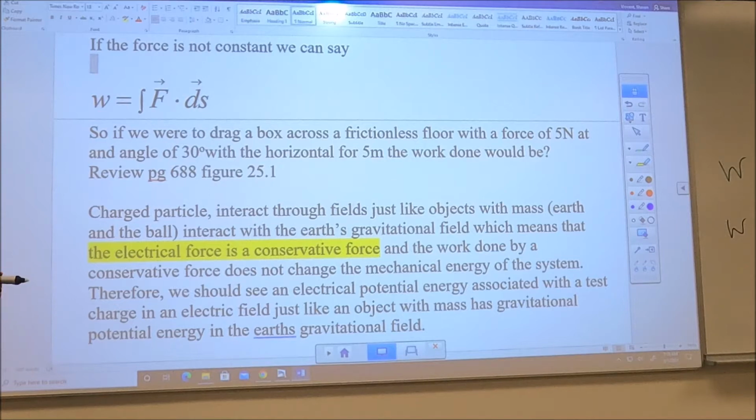That means that electric forces are conservative forces, and work done by a conservative force does not change the mechanical energy of the system. Therefore, we see an electrical potential energy associated with a test charge in an electric field, just like we would see a gravitational potential energy for an object that had mass in the Earth's gravitational field.